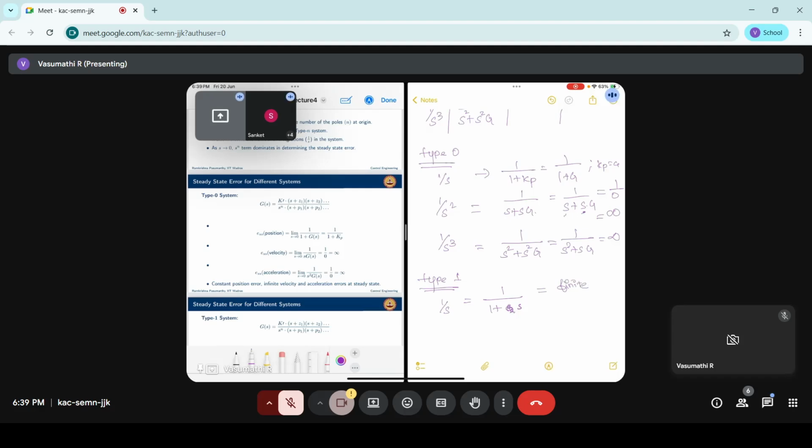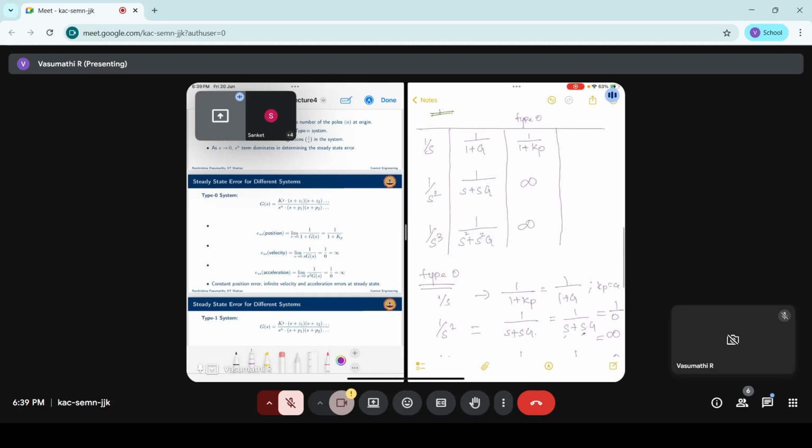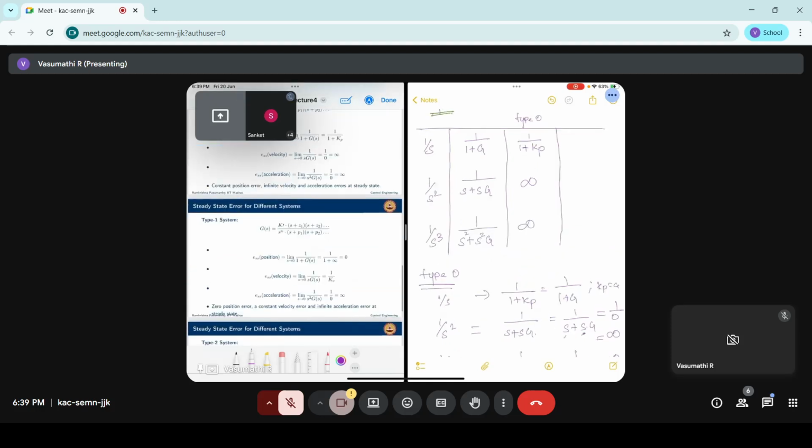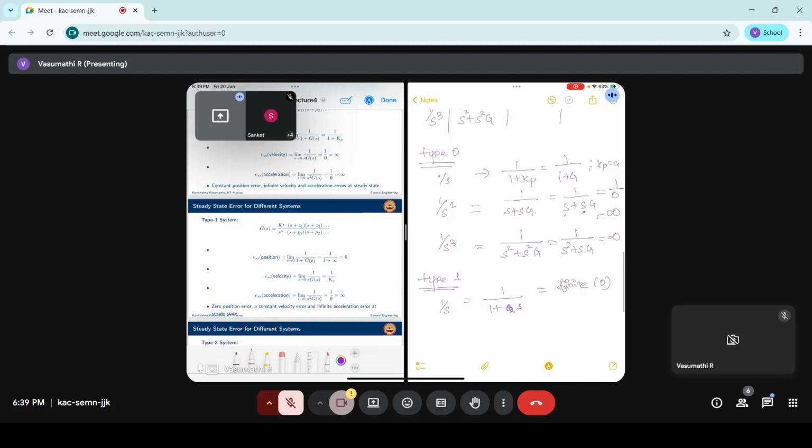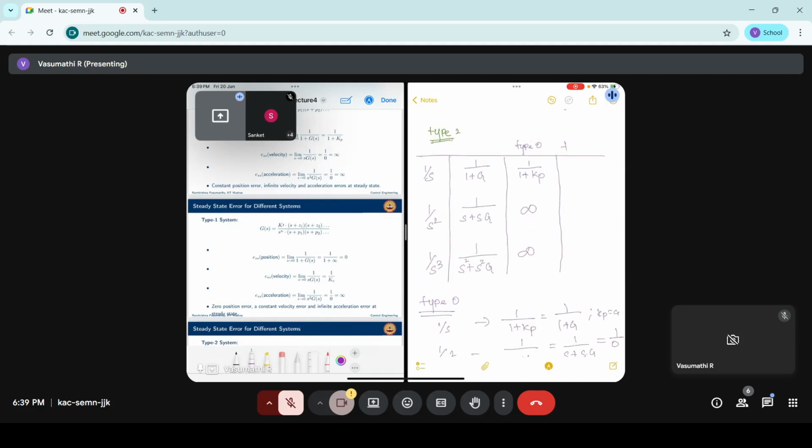No. Right. This will be finite. So whenever this is a type 1 system, this will be 0. The error will always be 0.